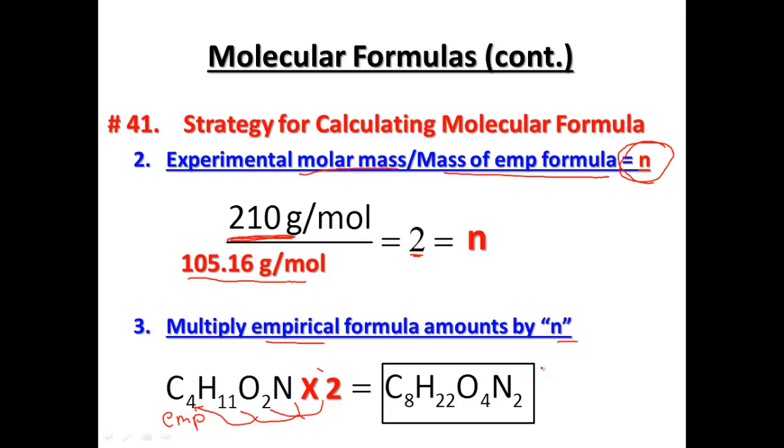That would be our new molecular formula, which could reduce down, dividing by 2, to C4H11O2N, which would again be our, oh, there it is already, our empirical formula. So that's one of our strategies for calculating our molecular formula.